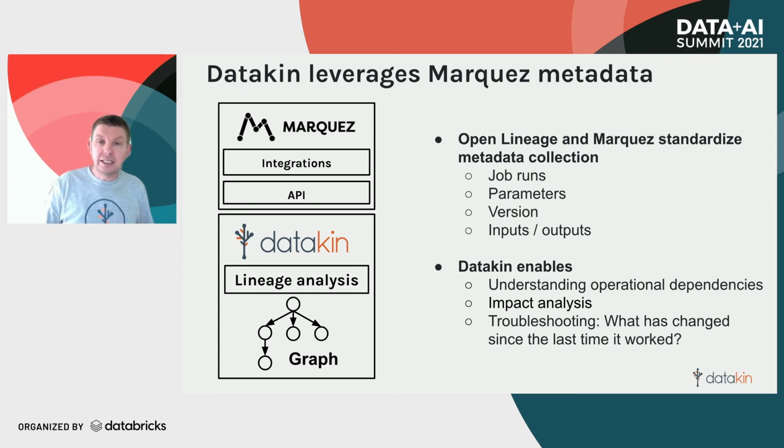And Datakin is just leveraging this data for understanding operational dependencies, doing impact analysis, and troubleshooting, like what has changed since the last time this thing worked. So it's leveraging the exact same metadata collected with OpenLineage and Marquez to build a better lineage analysis, better understanding, and quicker troubleshooting when something goes wrong.